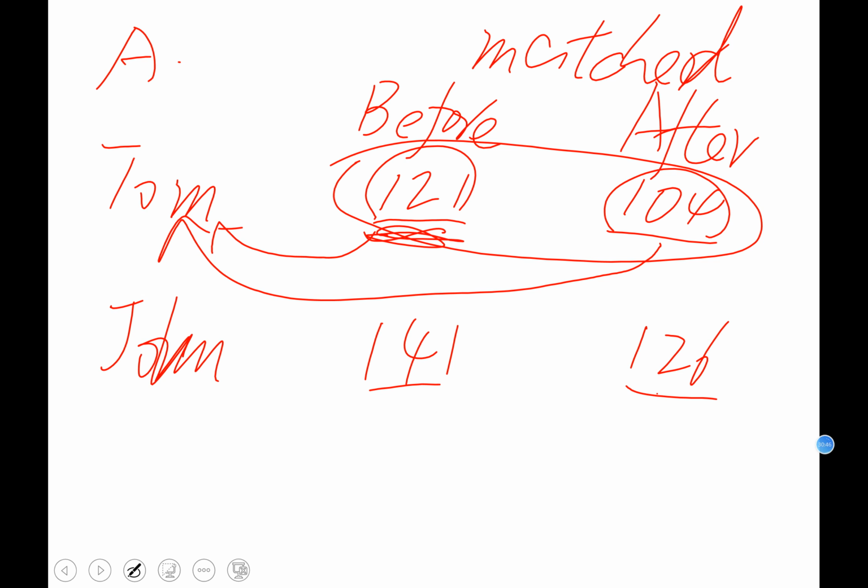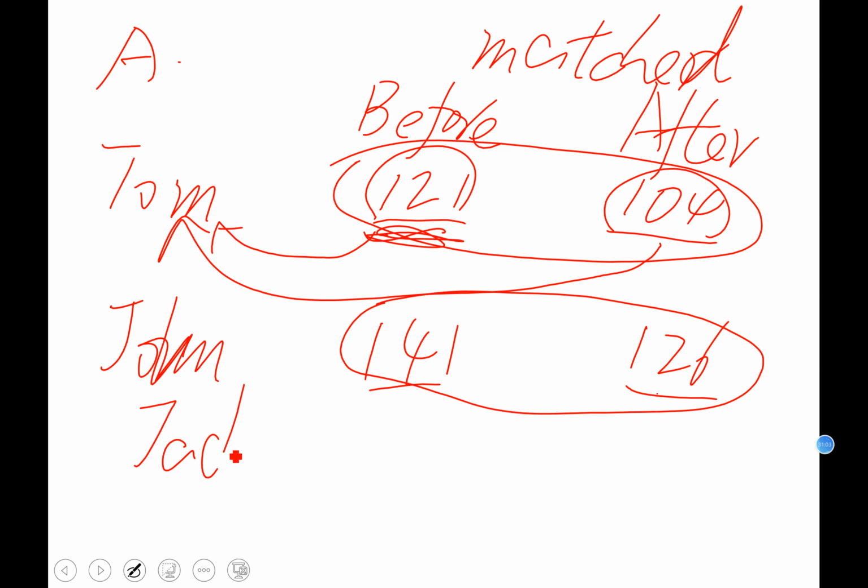Both of these two numbers are from John. So these two numbers are matched, just the same as the first two numbers. And we have the third person, for example, Jack, and we have so many persons. For each person, we can measure two numbers, before and after, and the two numbers from the same person are in pairs, or we can say they are matched.